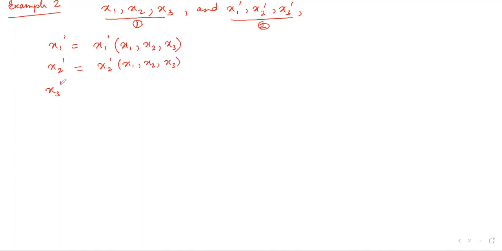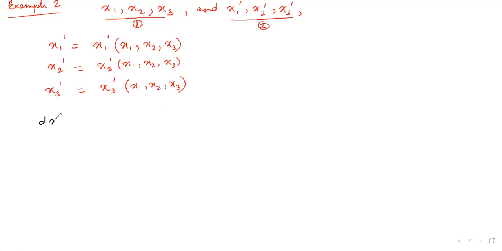Similarly, x3 prime is again some function of x1, x2, x3. If we have something like this, then we can find a relationship between the differentials of x1 prime, x2 prime, x3 prime and dx1, dx2, dx3.